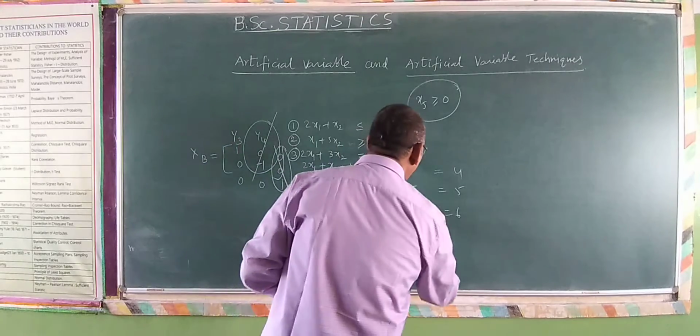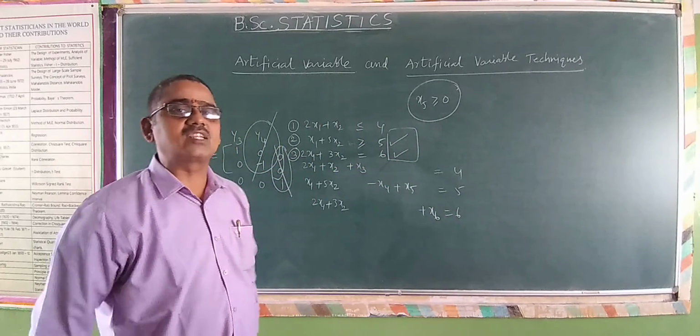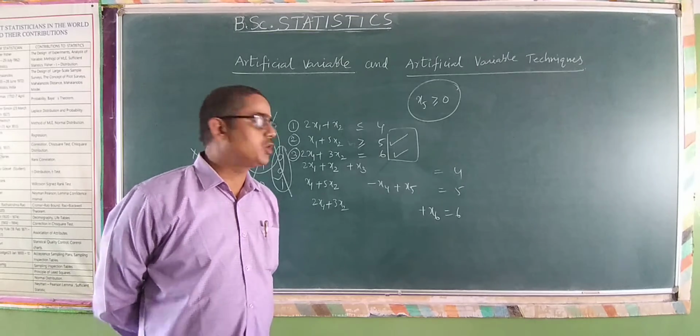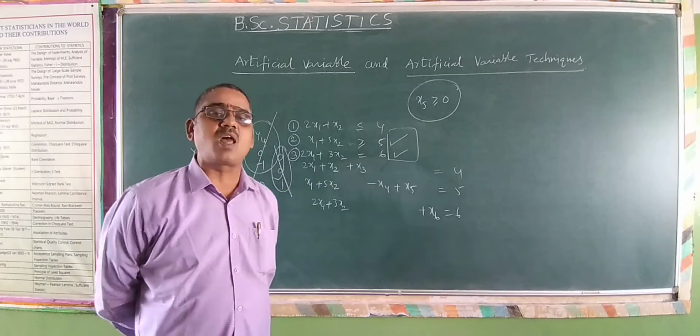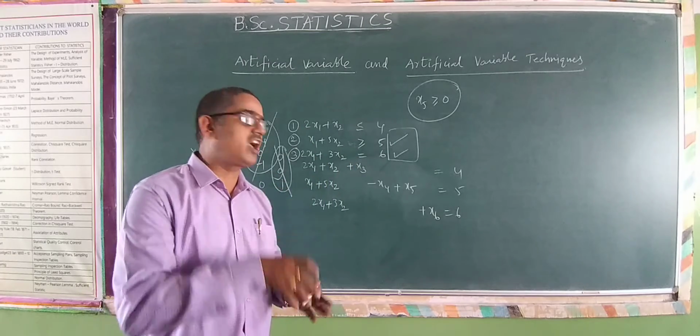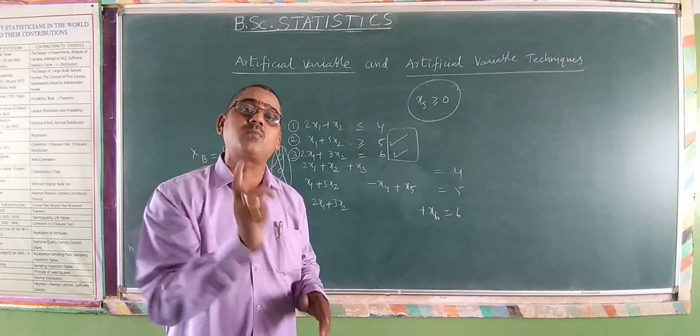Similarly, the vector 0 0 1 is not available for the last constraint. Therefore, for an equal to constraint as well, you have to introduce one artificial variable. Whichever non-negative variable is added to the constraint to get the initial basic feasible solution is called an artificial variable.